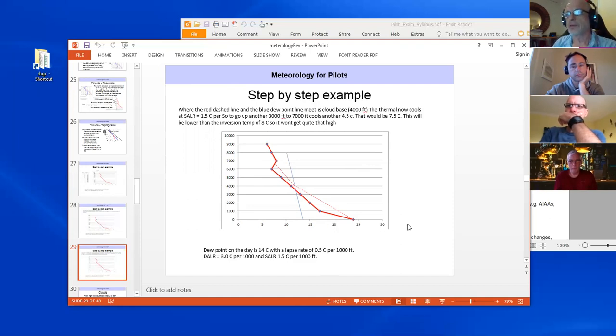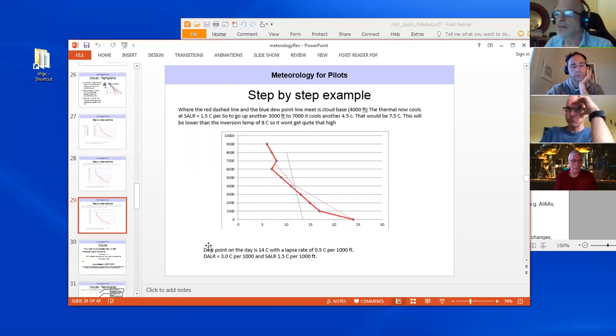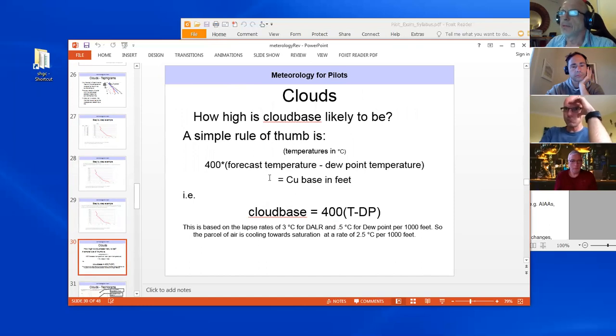So I was just trying to simplify it, break it down, and separate those, to make it a bit more obvious. And this principle gives you a basic rule of thumb, which is that you can estimate cloud base by 400 times the difference between the forecast ground temperature that something will release at, and dew point temperature.